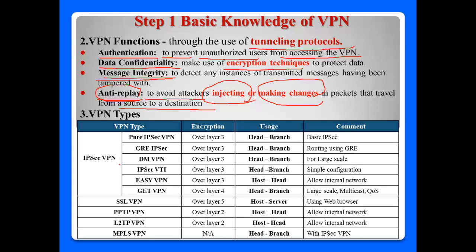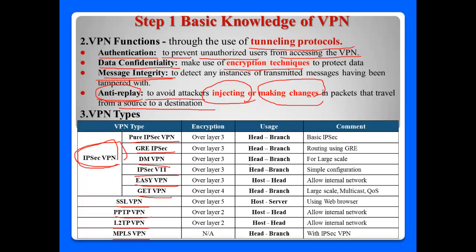Number 3, VPN types. There are so many VPN types, for example, IPsec VPN, SSL VPN, PPTP, L2TP, and so on. Especially, IPsec VPN normally can be located in layer 2. There are many IPsec VPNs, for example, Pure IPsec, GRE, DMVPN, IPsec VTI, Easy VPN, and Group VPN.